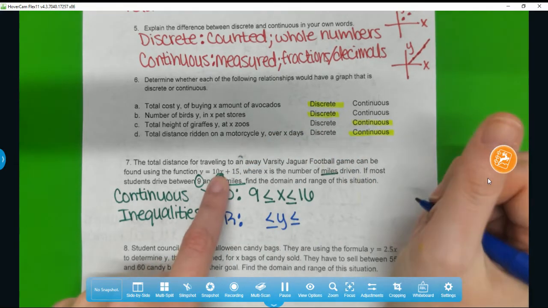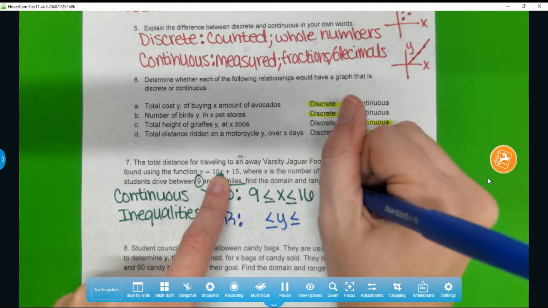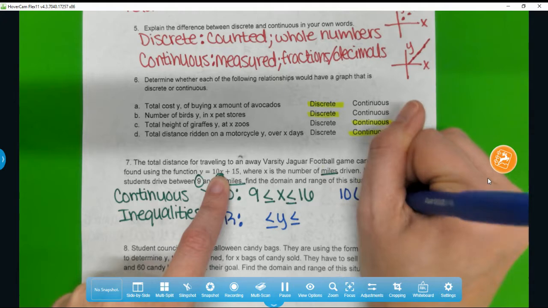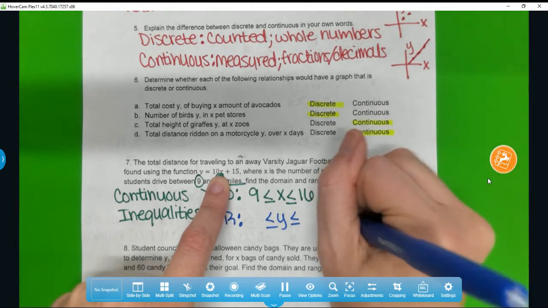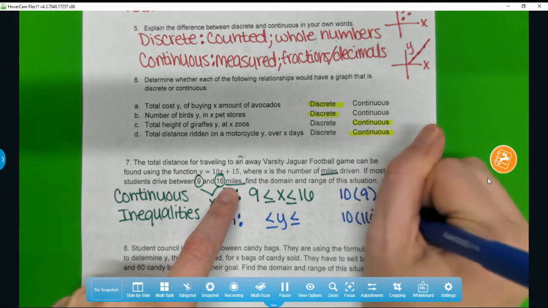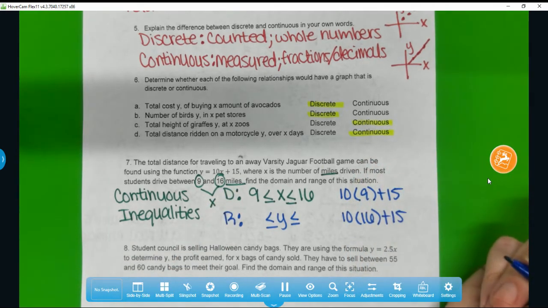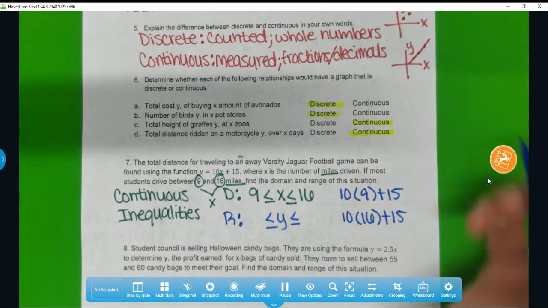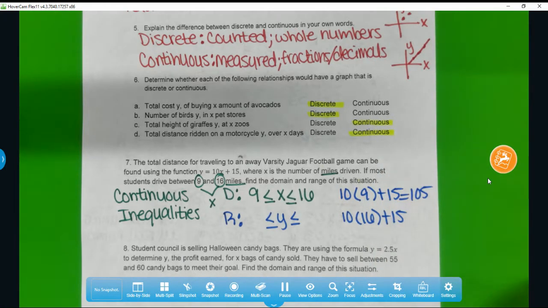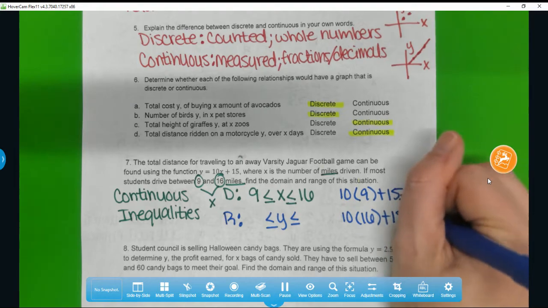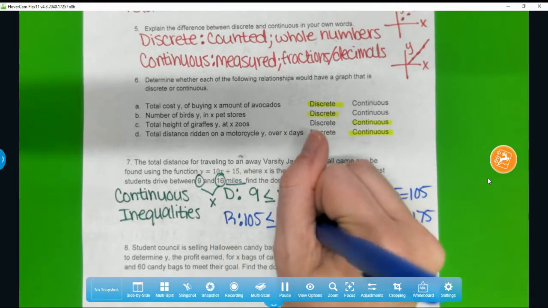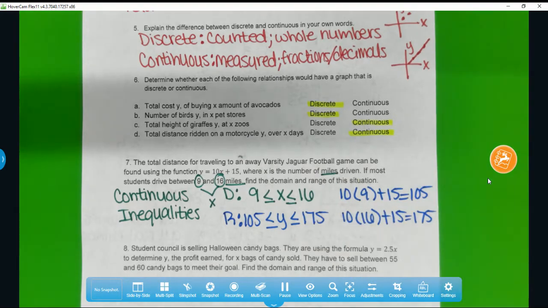We are plugging the x values into the equation. So we have 10 times 9 plus 15, and then 10 times 16 plus 15. So 10 times 9 plus 15 is 105. 10 times 16 plus 15 is 175. So we're going to have from 105 to 175.